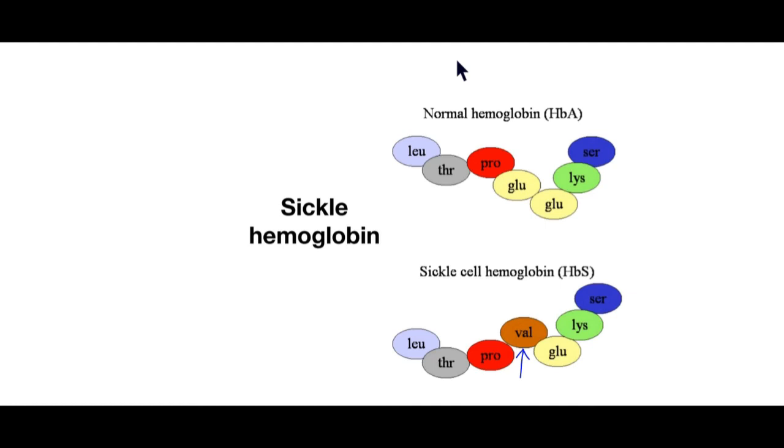That has a huge impact on the ability of the hemoglobin to stay soluble under conditions of low temperature and low oxygen tension. Under conditions of low oxygen partial pressure, so under exercise, under lower temperature conditions, what actually happens is you end up getting this crystallized form.